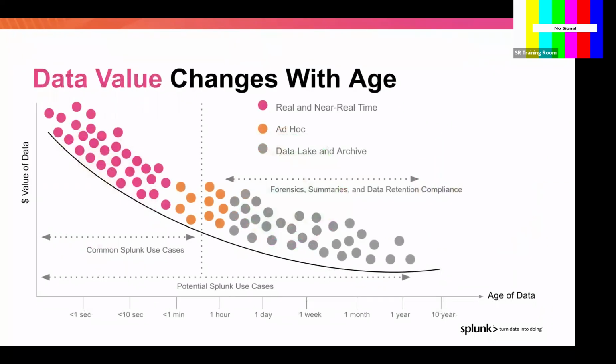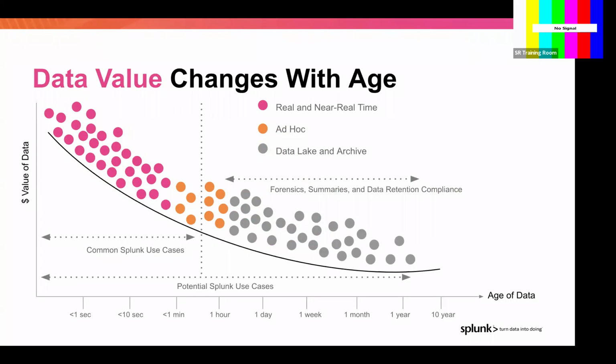So, fluffy stuff, data, let's philosophically talk about it. There's a correlation between the age of data and the value of data. Generally, as data gets older, it becomes less valuable. Splunk is really useful when you have data that's real time or near real time, and necessarily has some high value associated with it.